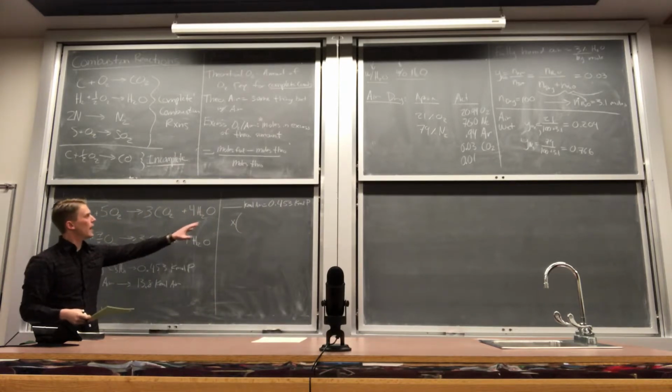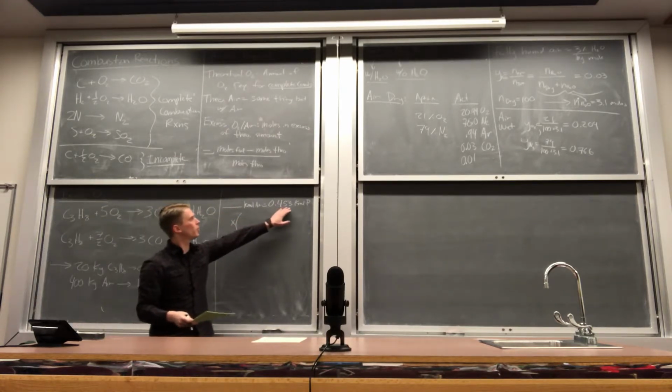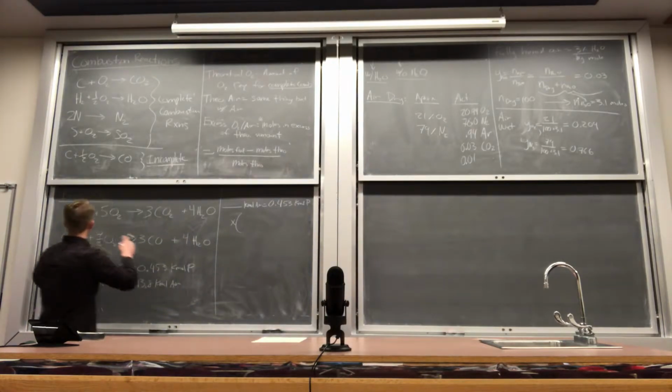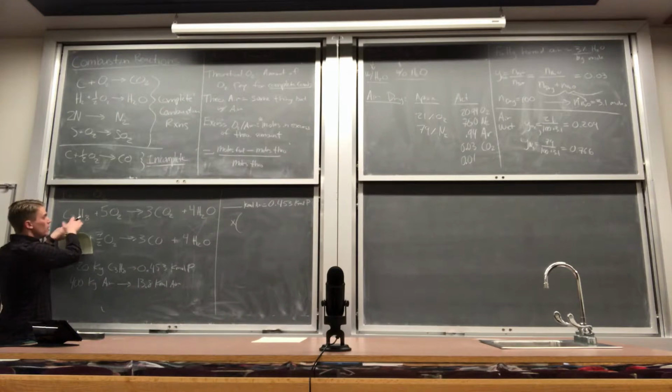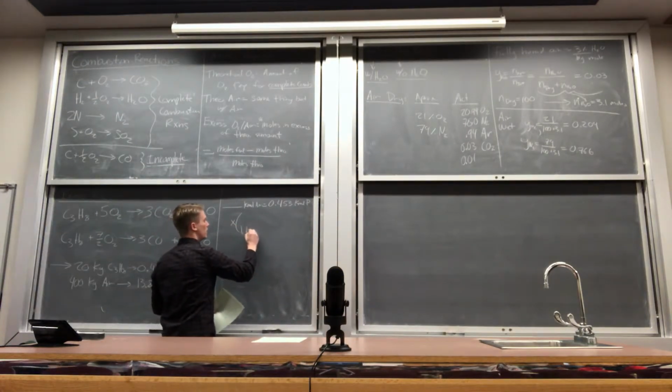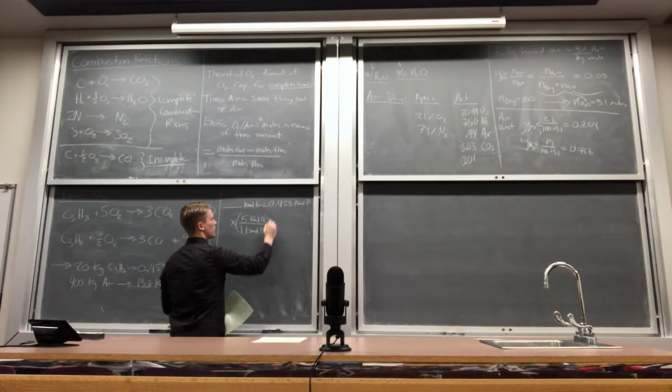We're trying to figure out how much air we need to fully burn 0.453 kilomoles of propane. For every 1 propane, we need 5 oxygens, so 1 kilomole of propane is equal to 5 kilomoles of oxygen.